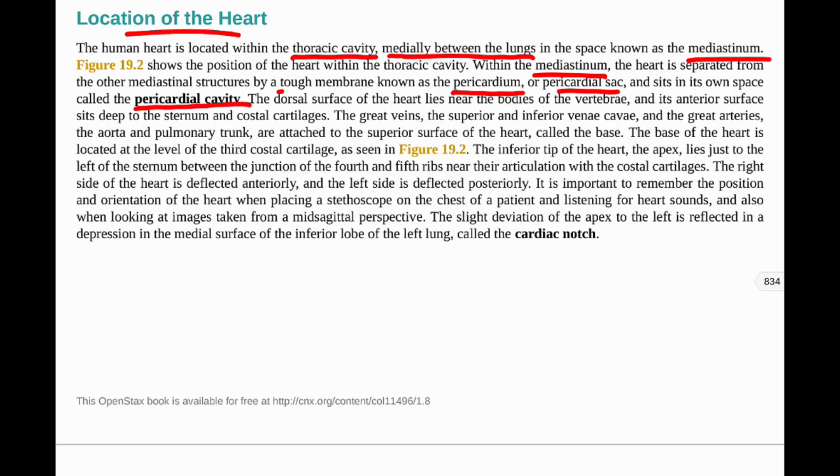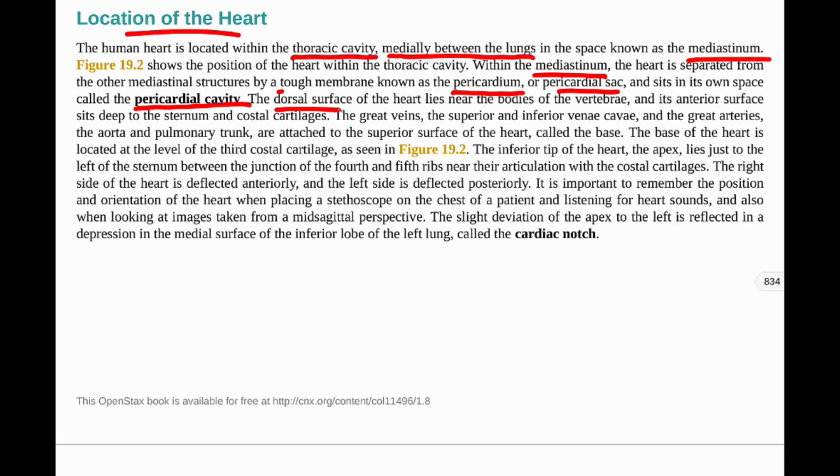So cardial, and we'll see that as cardia, cardiac, having to do with the heart. So pericardium is around the heart, so peri meaning around, and then cardium referring to the heart, or pericardial sac, so peri again around, and cardial meaning heart, and then sac. And then also pericardial cavity, so peri again meaning around the heart, cavity, so the space that's around the heart.